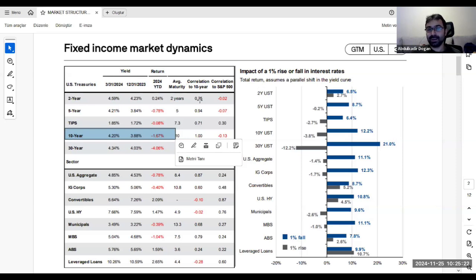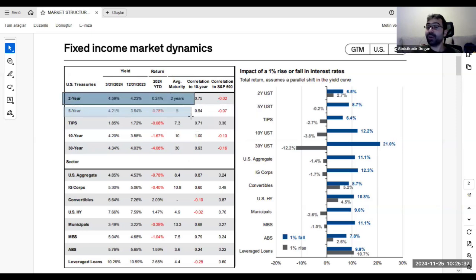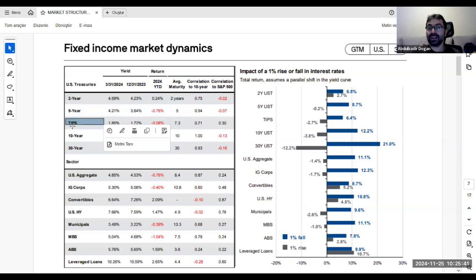By the way, here I have average maturity, meaning that people wait here until the end of the 2 years. Here as well, people wait approximately 5 years, but here is TIPS, meaning treasury inflation protected securities. What does this mean?